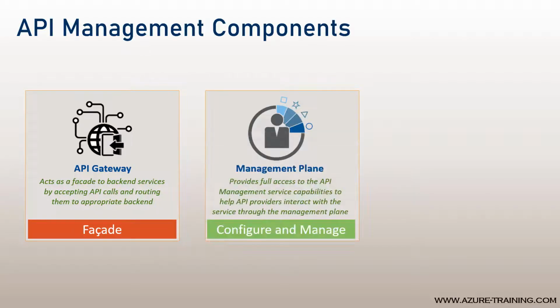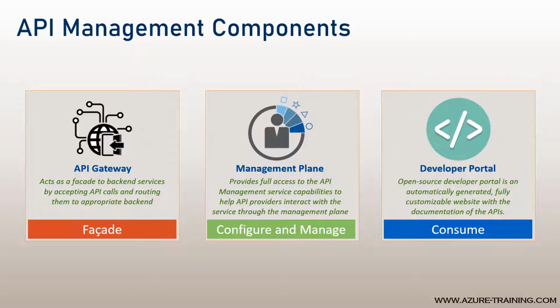We then have the management plane. API providers interact with the services through the management plane, which provides full access to the API management service capabilities using Azure tools, including the Azure portal, and you can also use Azure PowerShell as well as the Azure CLI. The third one is the developer portal.